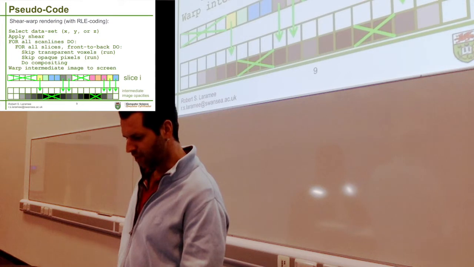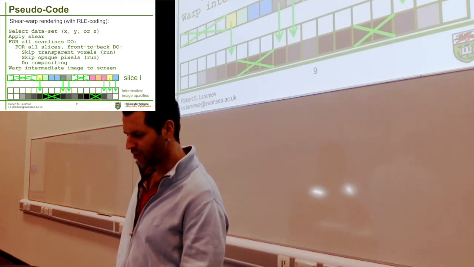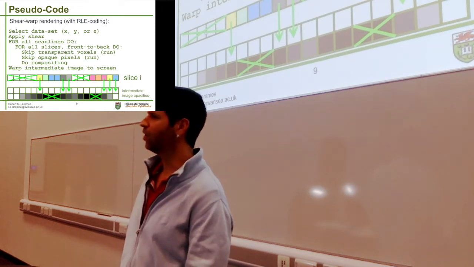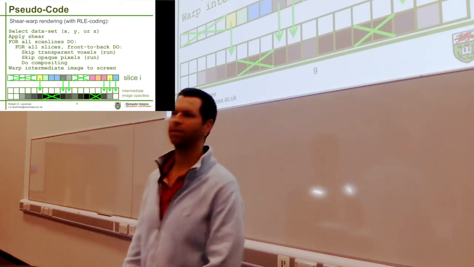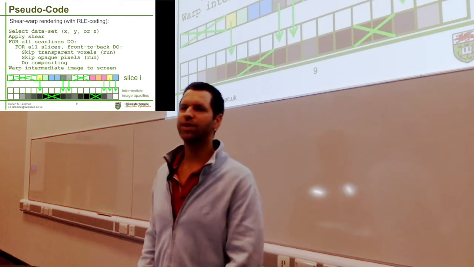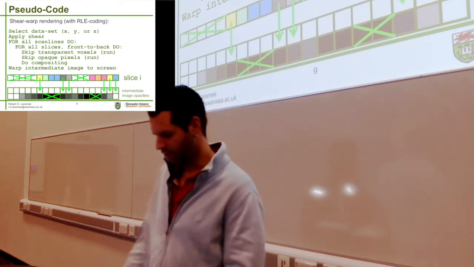So here we're skipping a run, 1, 2, 3, 4, 5, of transparent voxels. That's run length encoding in object space, because we can skip a bunch of transparent voxels.